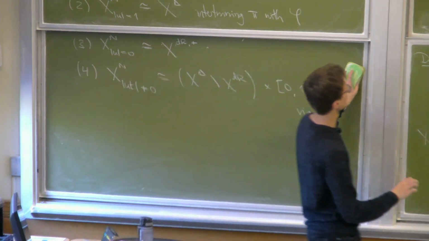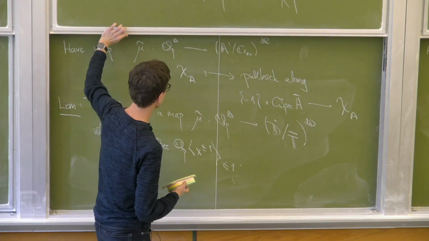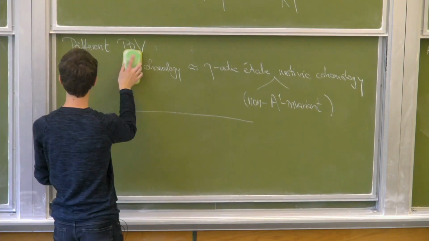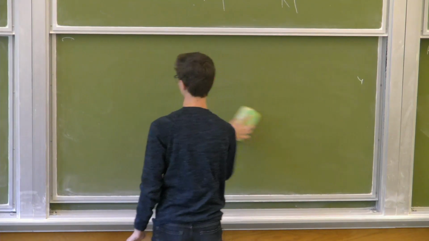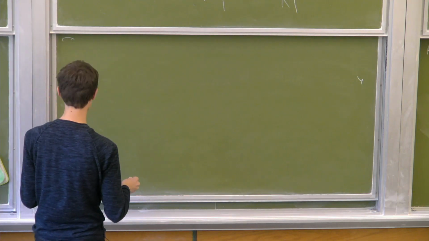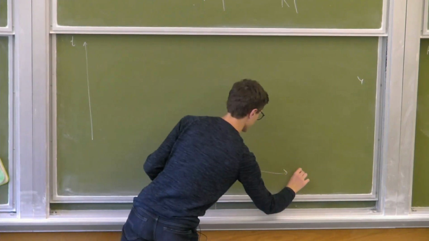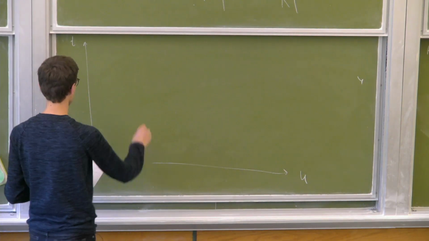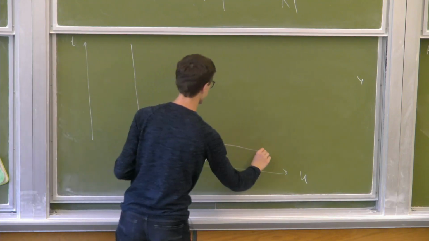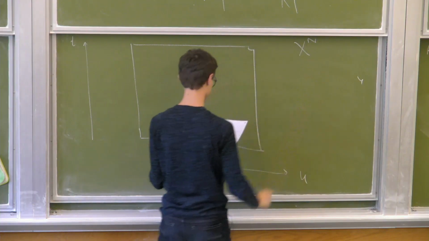Okay. So let me try to draw a picture. I have two axes, one of which is T and one of which is U. And on top of this picture I have xn.